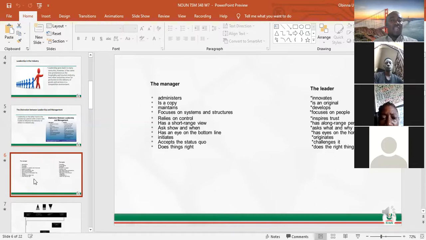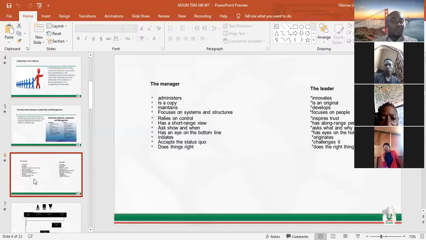A leader has long-range perspectives on issues. A leader asks what and why. A leader has eyes on the horizon. A leader originates. A leader challenges the status quo. A leader does the right thing.